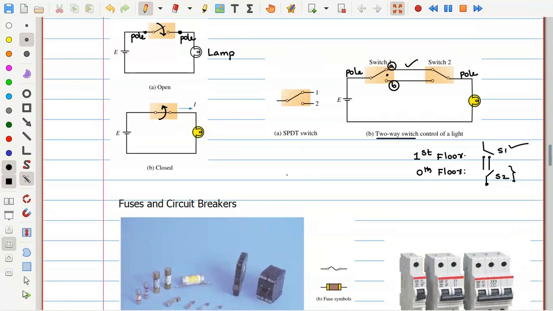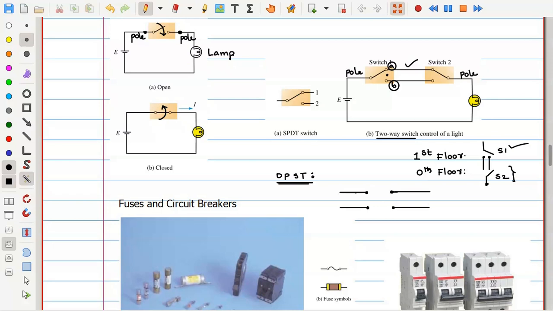And just let me show the double pole also. DPST, double pole single throw. So how does a double pole look? See here, you have a switch. It looks like this.